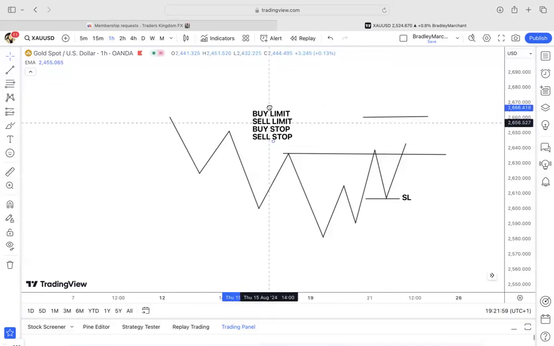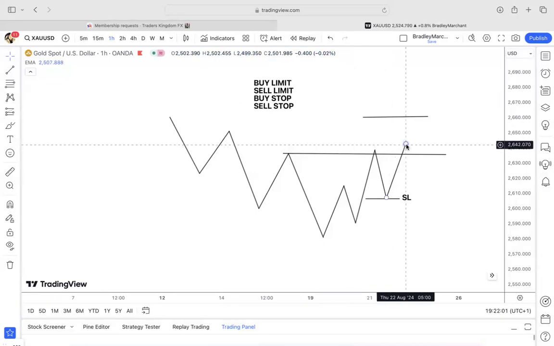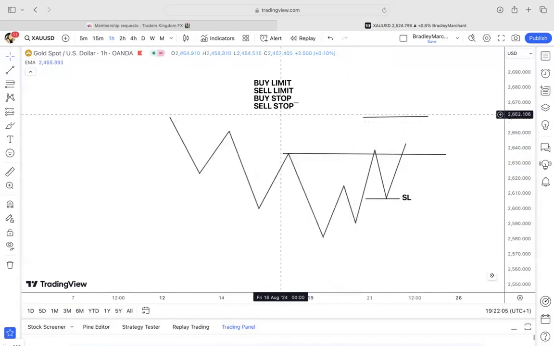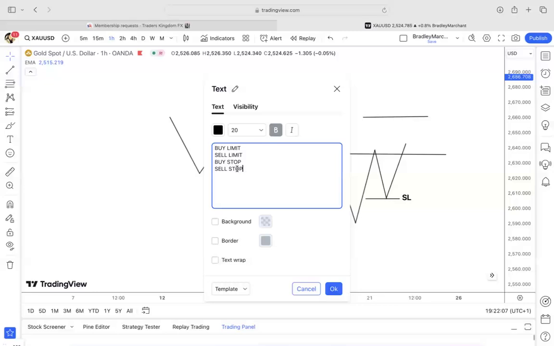So when this triggers here, you're going to typically see a lot of these get activated. You're going to see the buy stop get activated. And again, if you don't know what a buy stop is right now, go watch the education. It's all explained in there.